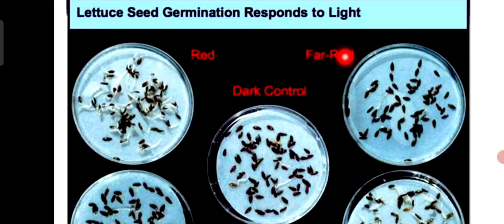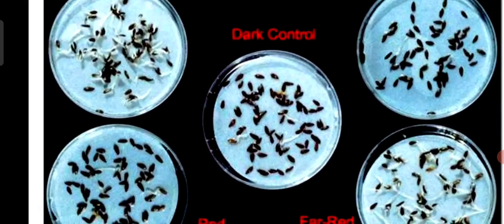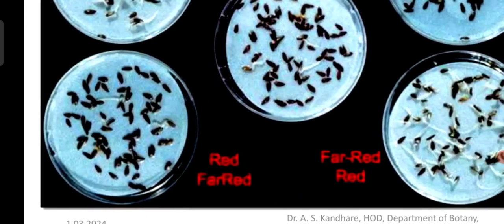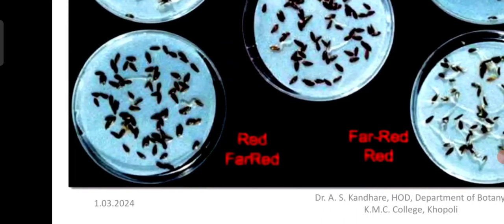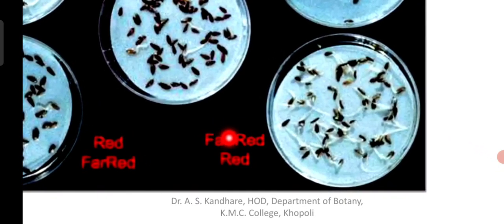When the seeds are exposed to far red, there is very less seed germination. So here is dark, that is control. Again here red and far red combination, again less seed germination. Again here you will find that far red is followed by red, so maximum seed germination.